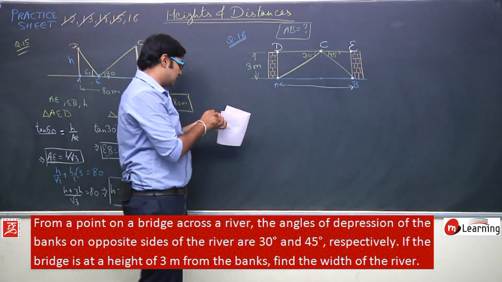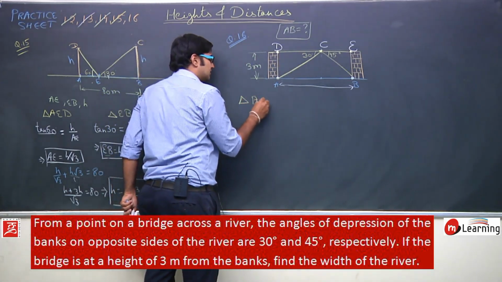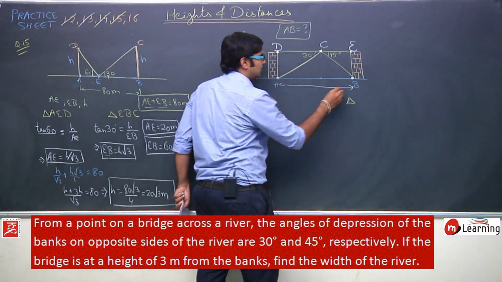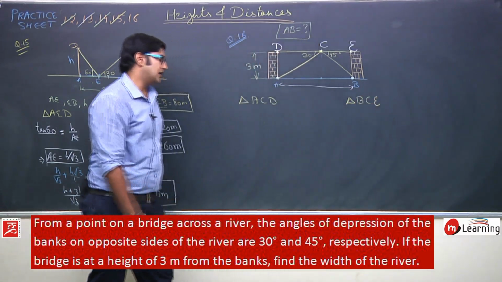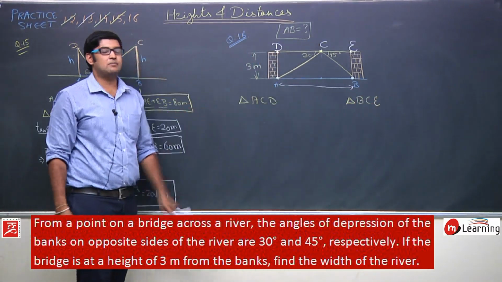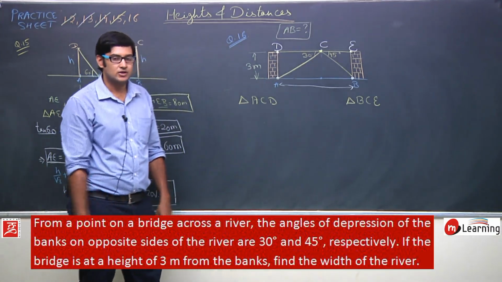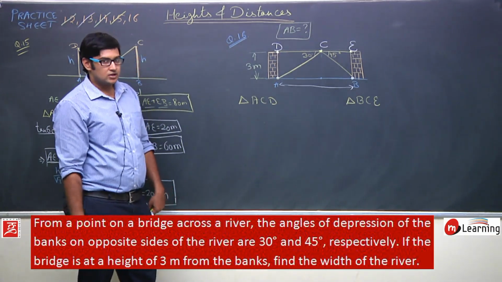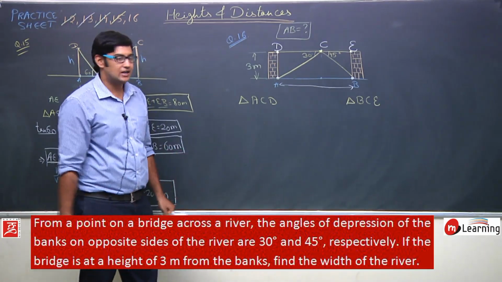I can see that there is a triangle ACD, and another triangle is triangle BCE. Okay, triangle ACD and triangle BCE are the 2 different triangles that I have observed.